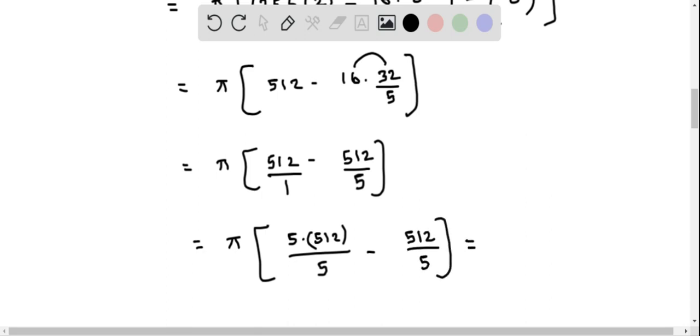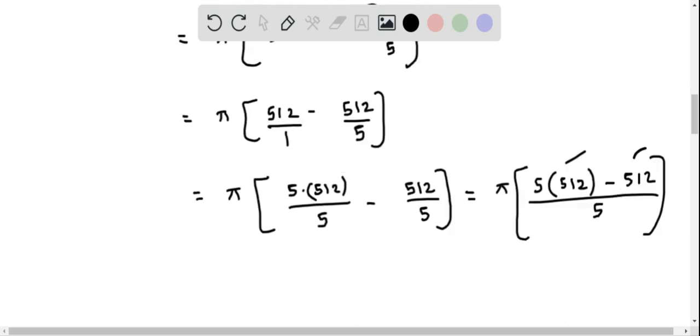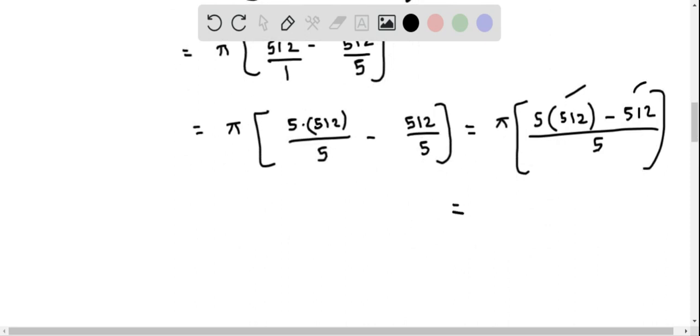Now we have the common denominator 5, so we can write it like this: 5 times 512 minus 512 divided by the common denominator 5. And so this is 5 times 512 minus 512, which we can simplify as pi times 4 times 512 over 5.